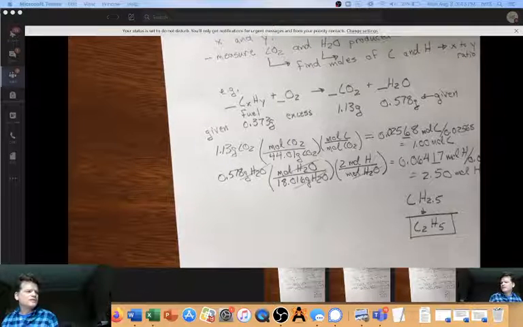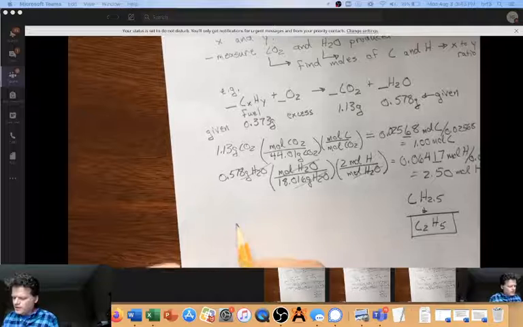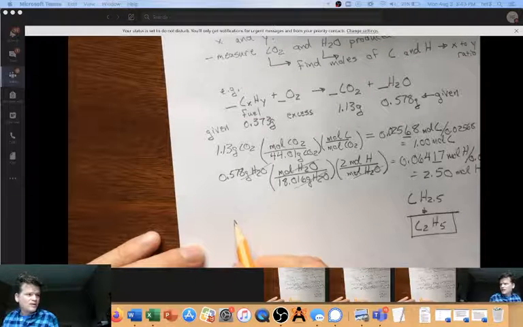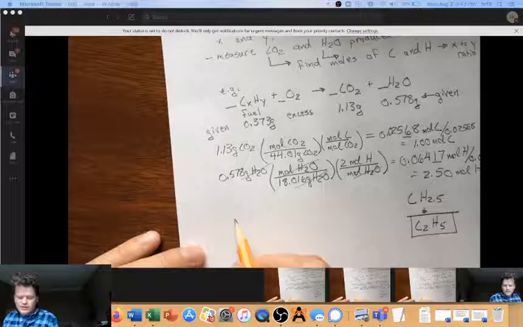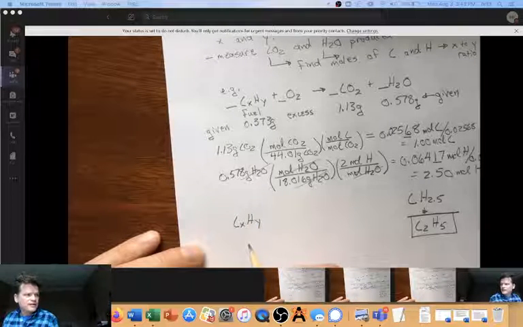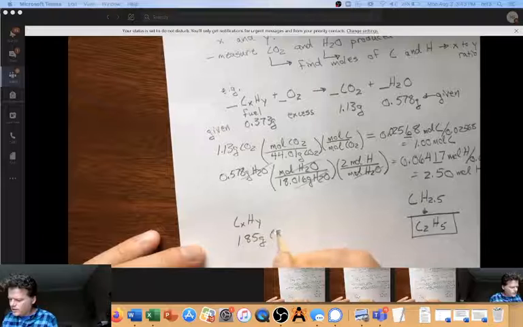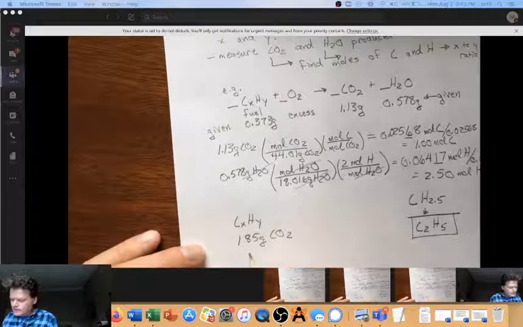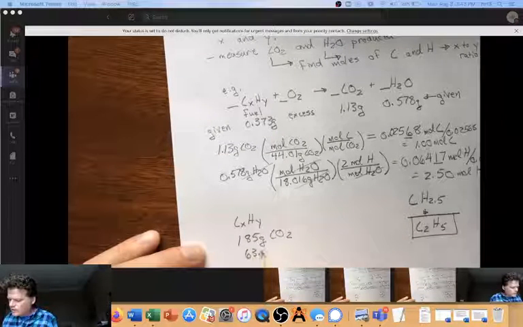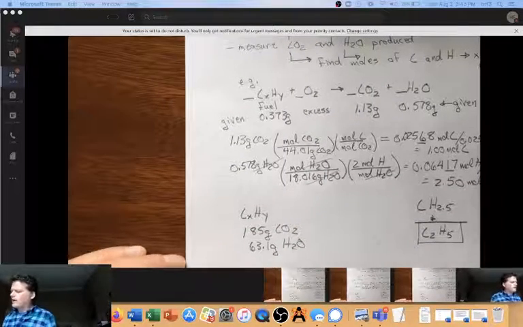Then I would say you should do a sample problem, and this is going to be on Moodle. But just to give it to you now, given you have a hydrocarbon that's burned, CxHy, you need to find the X and the Y. Products in this case are 185 grams of carbon dioxide and 63.1 grams of water. Notice I'm only giving you the mass of the 2 products.